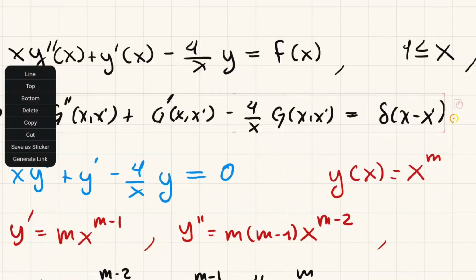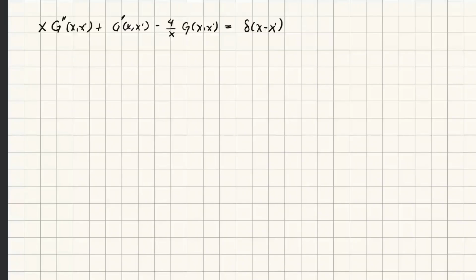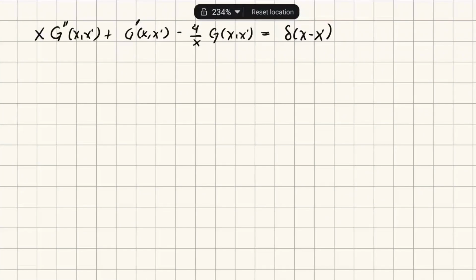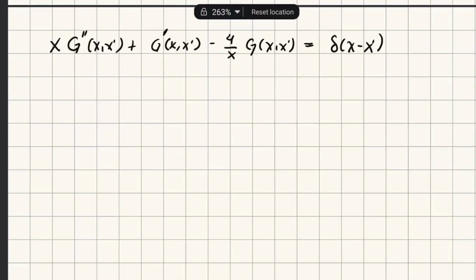And let me copy this into another page. Okay, so we have here the differential equation for the Green function. So what we do that results more convenient is to integrate on a neighborhood of x prime. So if we do that, we are going to get the next.